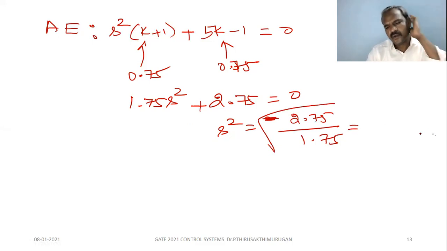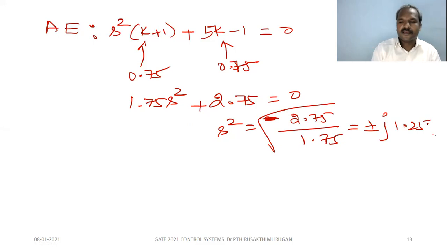So what we get, the answer is plus or minus j 1.25. So omega n, the natural frequency of oscillation, is 1.25 radian per second.